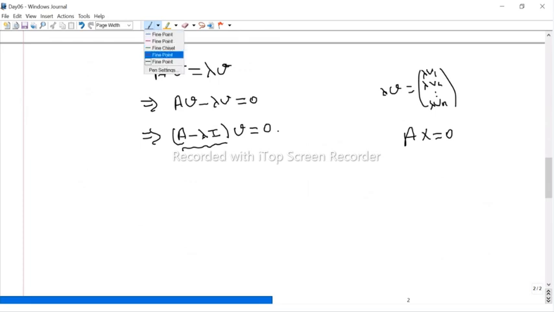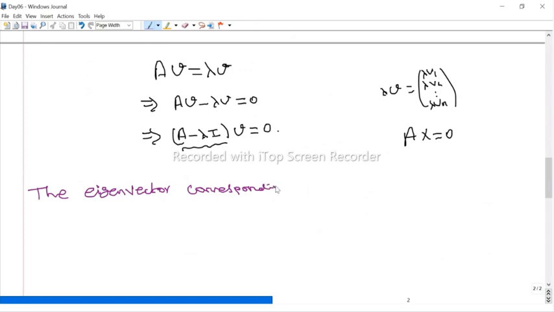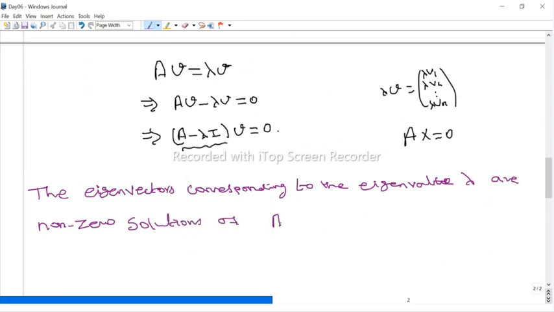So maybe another way you can define the eigenvector: the eigenvectors corresponding to the eigenvalue lambda are the non-zero solutions of the system of equations A minus lambda I times x equals 0.